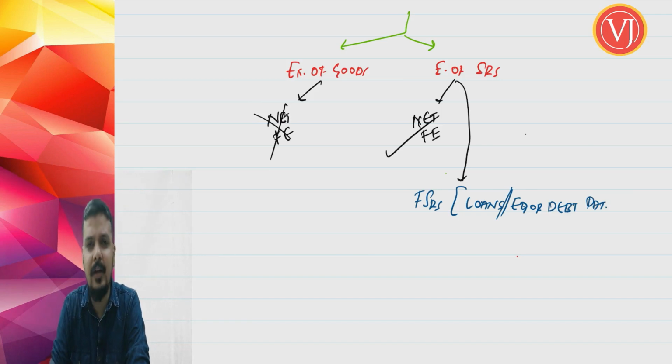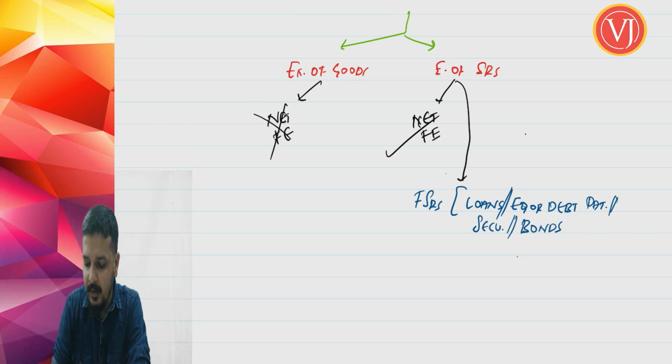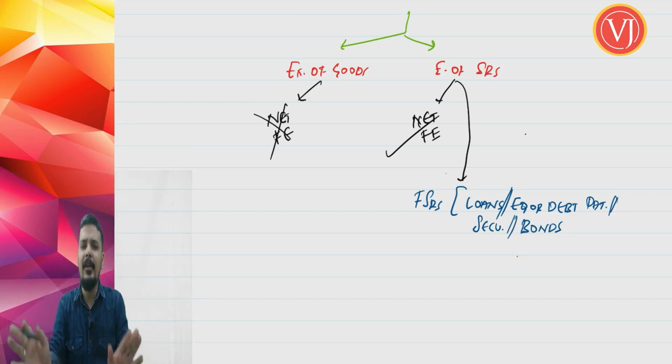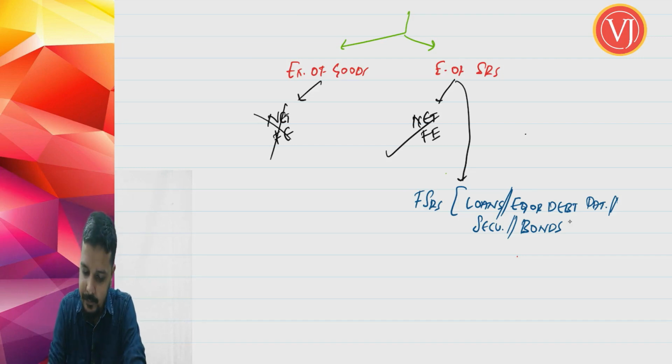It has got nothing to do with the services. Or issuing securities, or issuing bonds. Say my company is issuing bonds or securities to foreigners, or my company is getting loans from foreign people. That has got nothing to do with the services. Don't count it. Those financial services will not be counted.